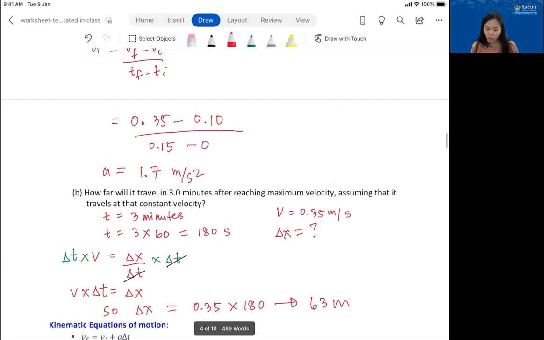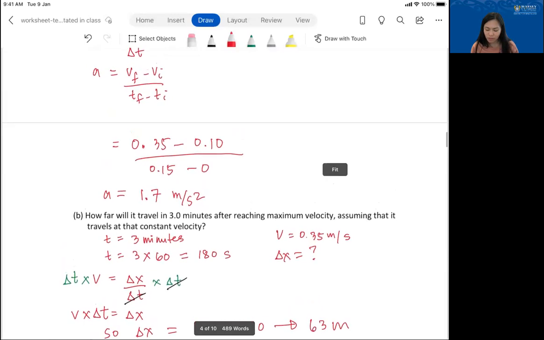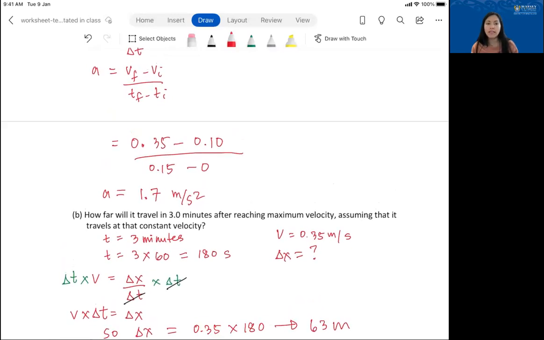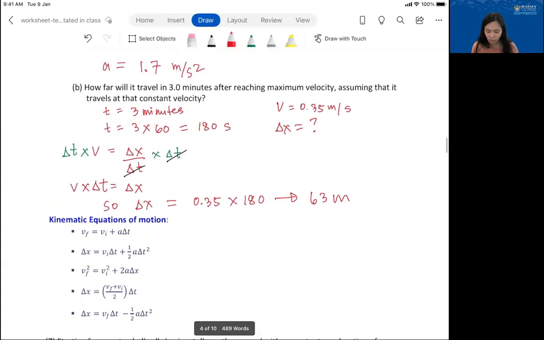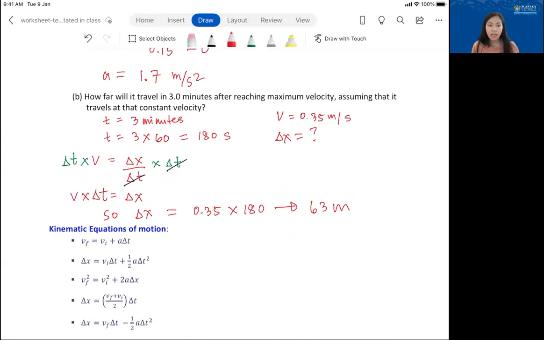Right, so for motion problems, before you go and look at kinematic equations, try to see if you can solve the problem using the basic definition of acceleration and velocity first. Because of course those are simpler equations compared to kinematic equations. Kinematic equations are these 5 equations that relate 4 variables together.